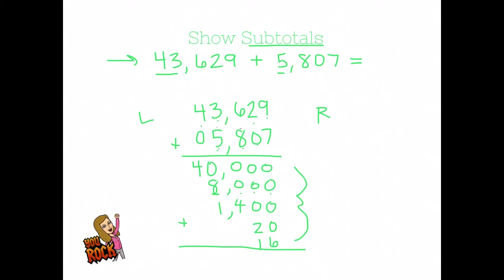So 0, 0, 0, 0, 6 gives me 6. 3 zeros, a 2, and a 1 give me 3. 2 zeros and a 4. 0, 8, and 1 gives me 9. And then the 4 out by itself. So now, remember I count 1, 2, 3 in for the comma. I end up with the final answer, 49,436.